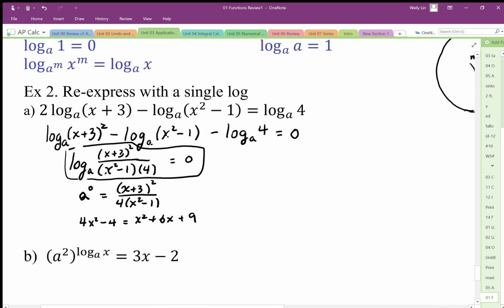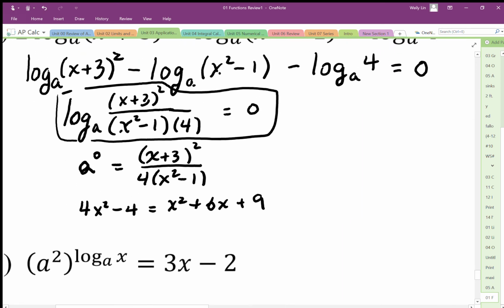I think we might have to use a quadratic formula for this one. So we end up with 3x squared minus 6x, and that's going to be minus 13 equals 0. And then we can put that into the quadratic formula.